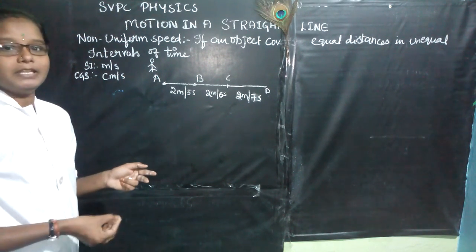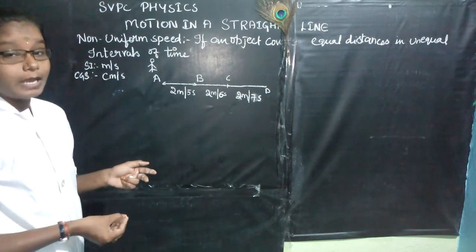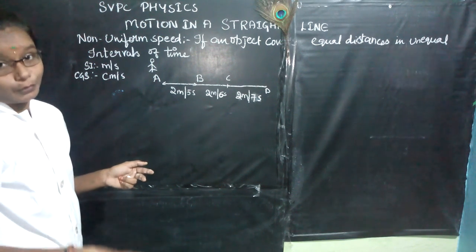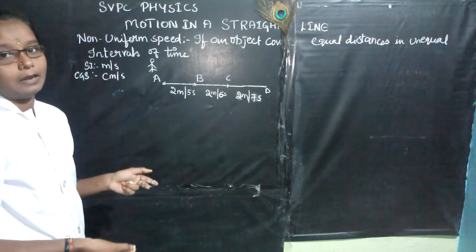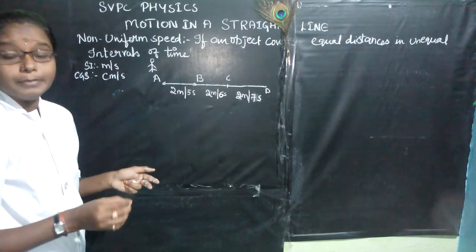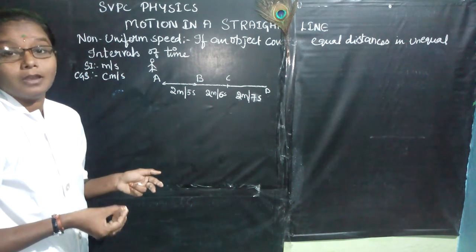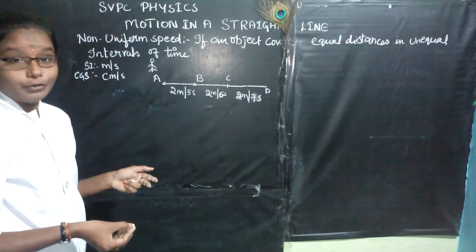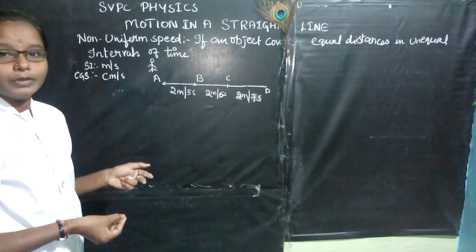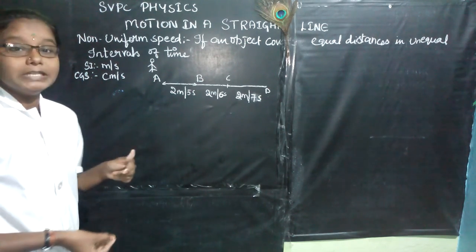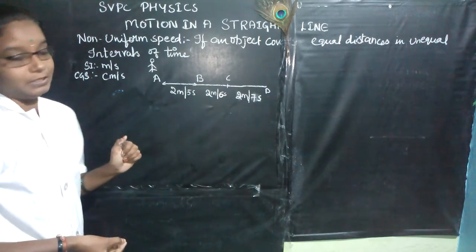So in the examination, they may ask you to write the dimensional formula of non-uniform speed. You'll write M0 L1 T power minus 1. Sometimes they may ask, what is the practical unit of non-uniform speed? So don't get confused. CGS unit is the same as practical unit.